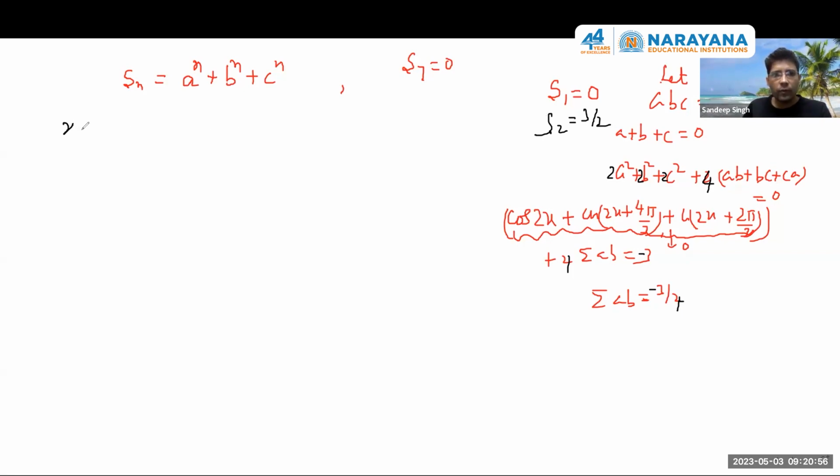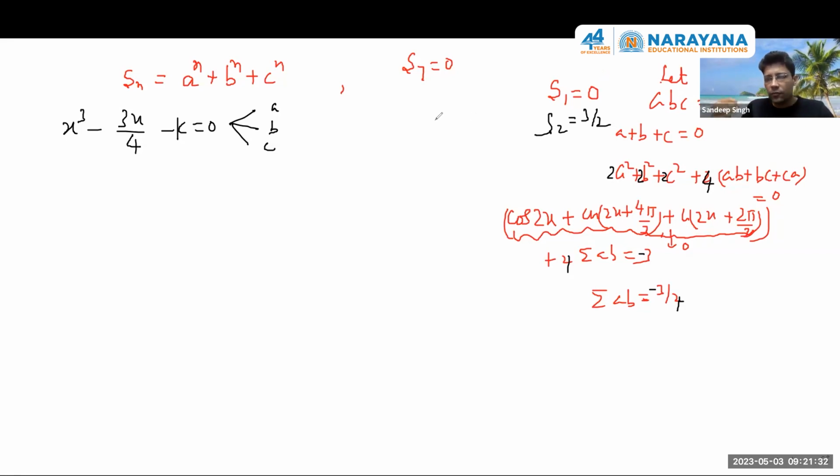Now form a cubic whose roots are A, B, C. So minus S1, S1 is 0, plus 2 at a time, so minus 3x by 4, and then minus the product, K. Please check. This is the cubic whose roots are A, B, C. So sum of the roots is 0, 2 at a time is minus 3/4 and product is K.